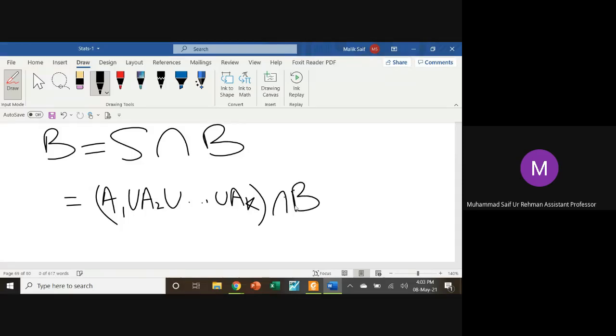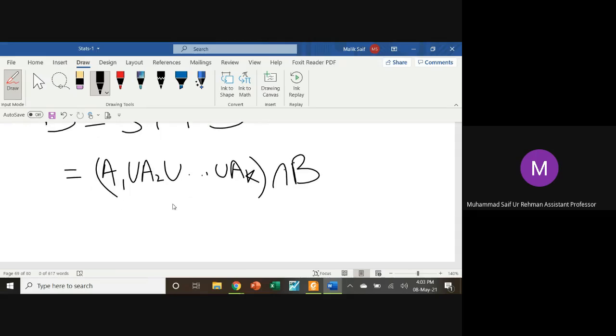Can I write it down in this way? Yes, I can write down. Fine. So now try opening this. Take this A1 and write down this intersection and then B. A1 intersection B. Now write down this union.